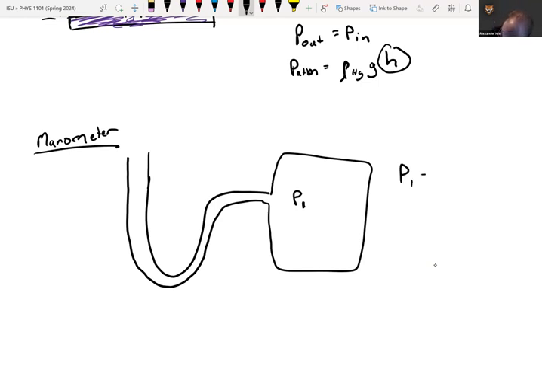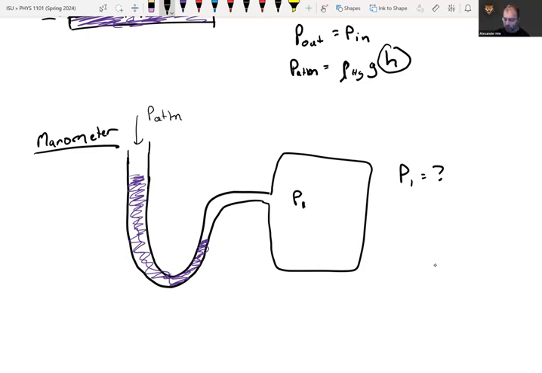So P1 equals whatever. And then you have some mercury in here. A lot of times you will have a difference in height between these two points. Now out here, you have P atmospheric.